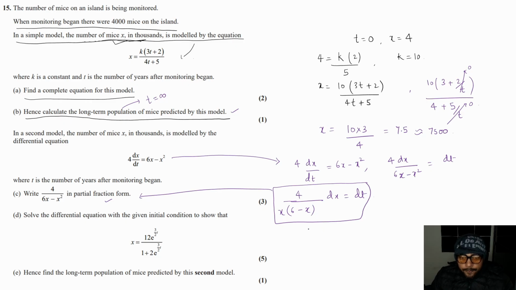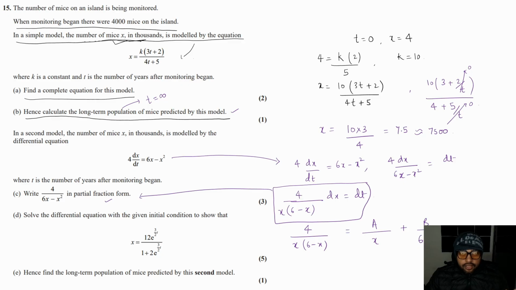What we'll do is apply the partial fraction form here, taking a by x plus b by (6 minus x). Since the denominator of this expression has linear factors, we are taking a and b.